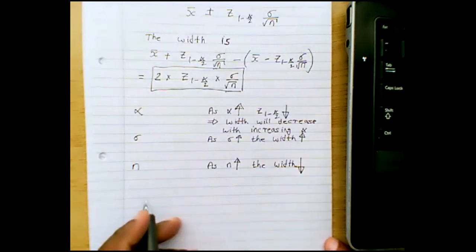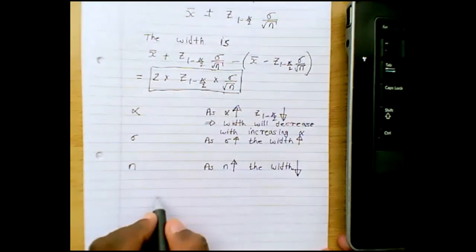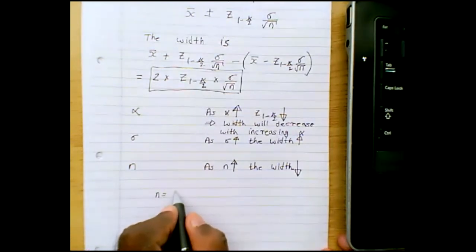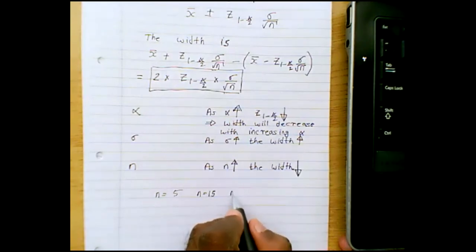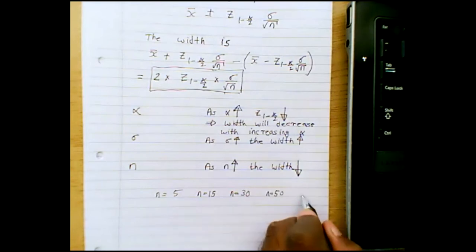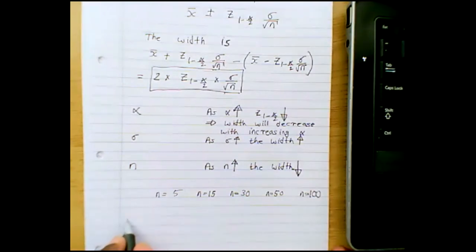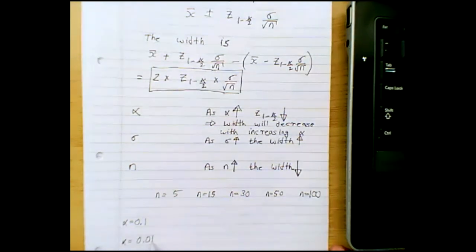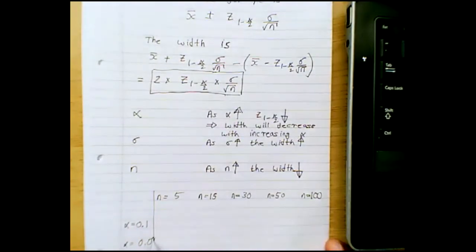I'm going to create a table with these values for n, and alpha takes the values either 0.1 or 0.01.